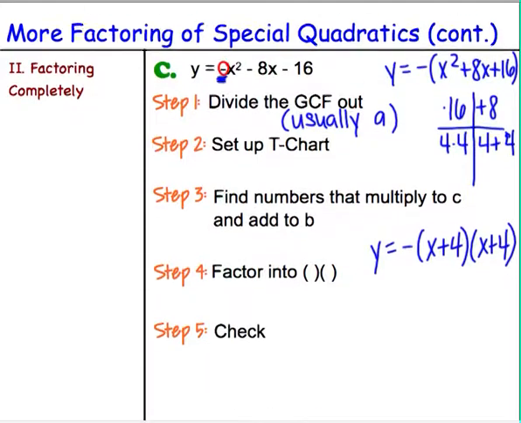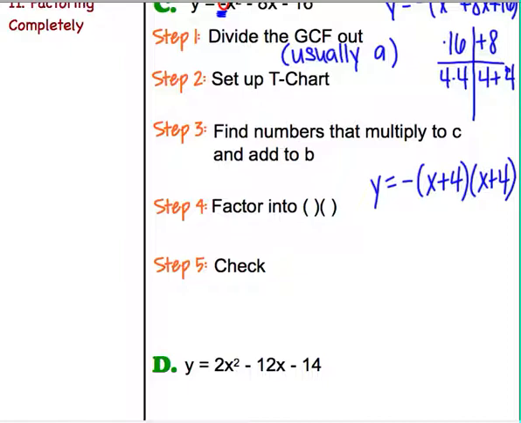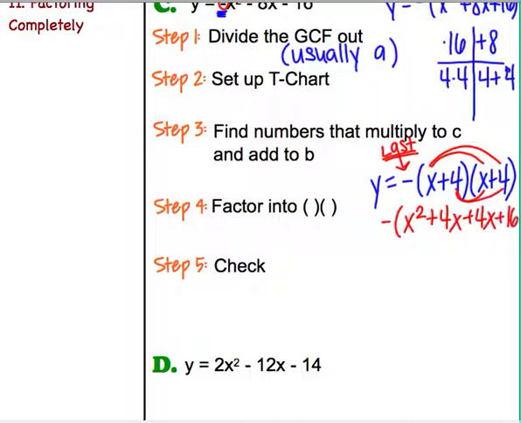So if we take a look here and check this out, remember this is going to be dealt with last. So make sure you remember that. X times x is x squared. X times 4 is 4x. 4 times x is 4x. 4 times 4 is 16. So if I go ahead and combine like terms, I get negative of x squared plus 8x plus 16.